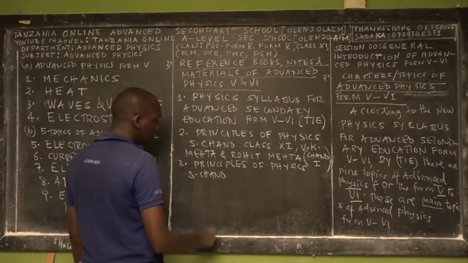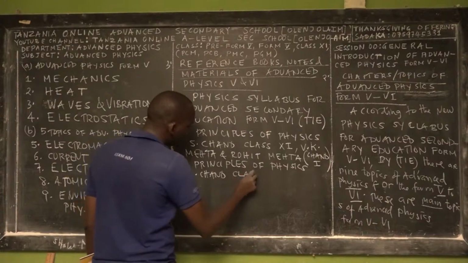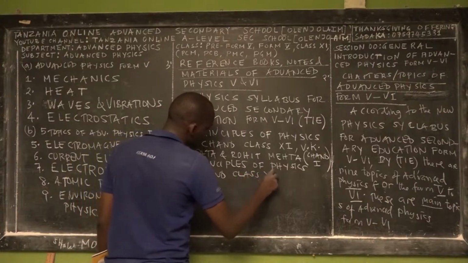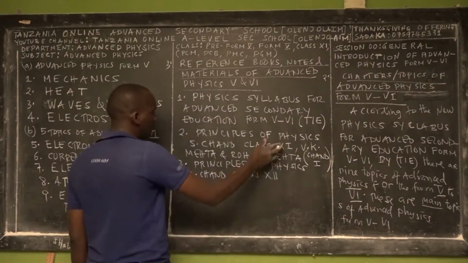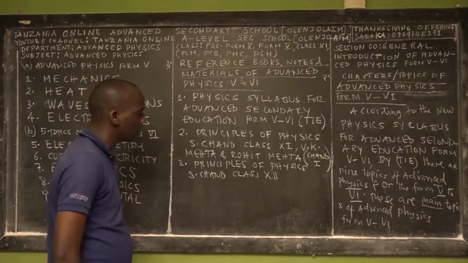This is class 12 now. Class 12 corresponds to the topics of Form 6, and class 11 corresponds to the topics of Form 5.